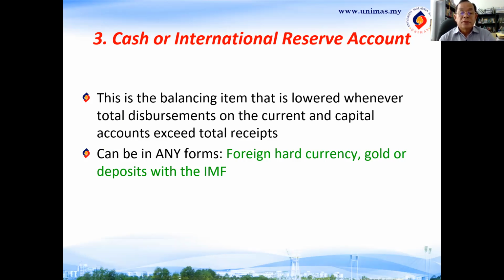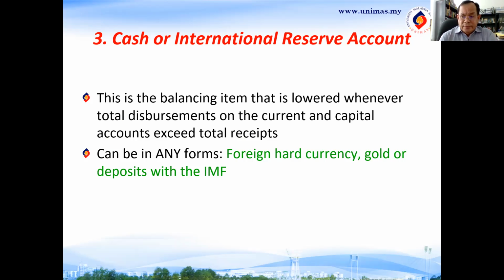And of course, the more money generated, the better it is. The more income you get, the better. That would mean that we have more reserve, in other words. So it can be in any form. It can be in the form of foreign hard currency, for example US dollar, Japanese yen, or euro. Or it can be in the form of gold or deposits.